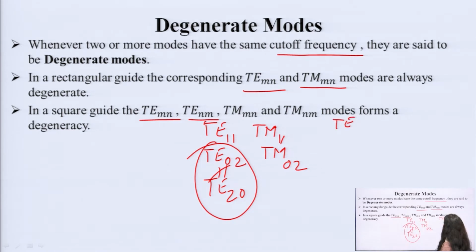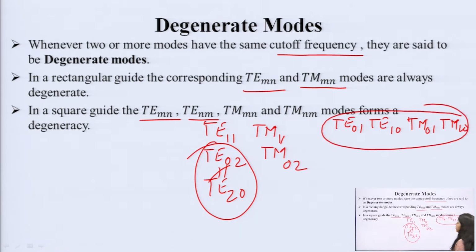For the square waveguide, these are the degenerate modes. So whenever somebody asks you about the degenerate modes, make sure whether they are asking for the rectangular waveguide or for a square waveguide. In general, as per this syllabus, you have to study the rectangular waveguide, but if somewhere it is asked about the square waveguide, the degenerate modes will change.